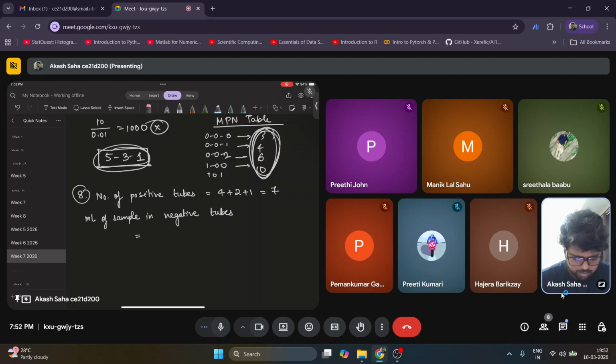So we have one negative tube plus three negative tubes plus four negative tubes plus five negative tubes. And how much ml? So for one we have 10 ml, for three we have 1 ml, for four we have 0.1 ml, and for five we have 0.01 ml. So just multiply. We have to find out the volume. So this is 13.45 ml.